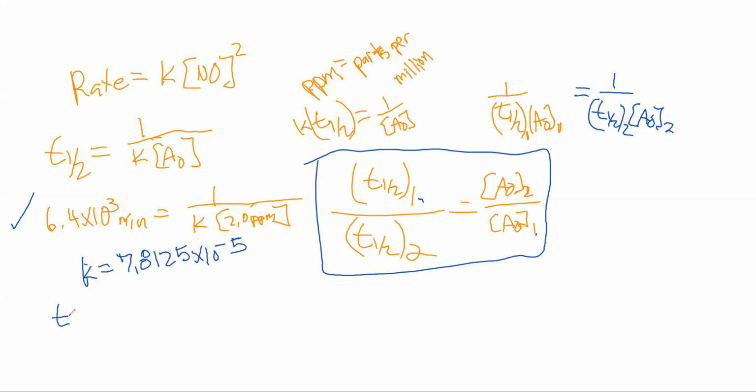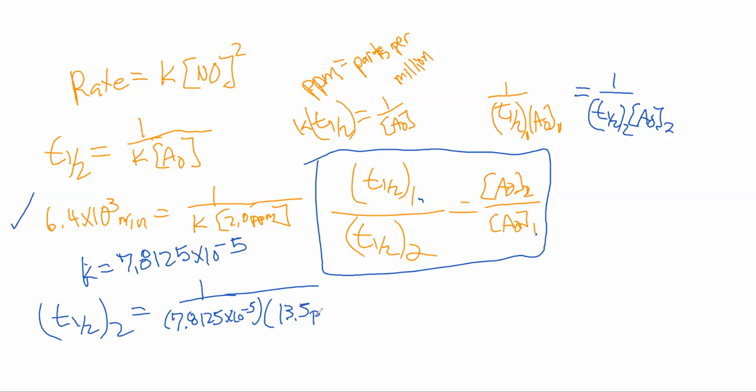And so if we want to find that new half-life, we just plug in our 13.5 ppm for that K.